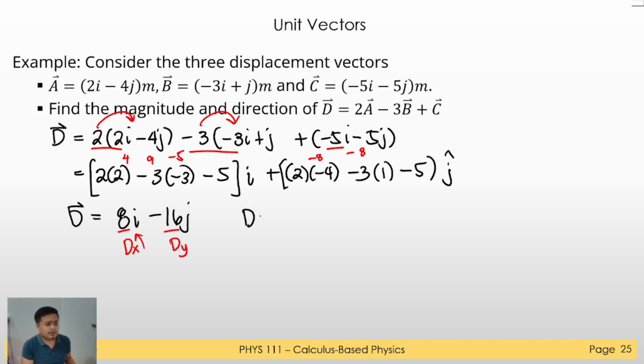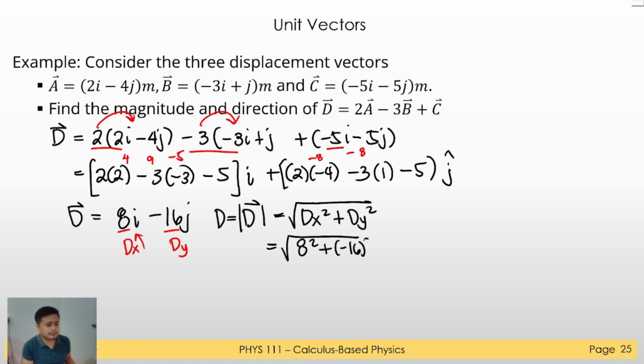So to find the length of this d vector, we find the square root of dx squared plus dy squared. So sometimes I will utilize this notation or this notation. It is the same. So this is also the same as this. So substituting the value, we have 8 squared plus negative 16 squared.